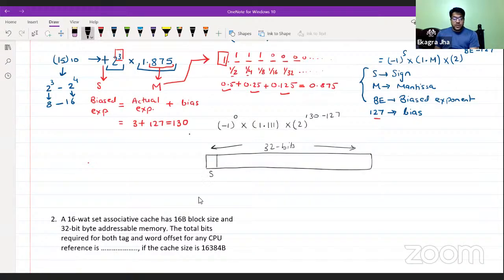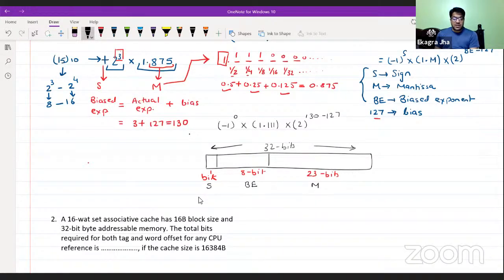One bit is reserved for the sign bit, another 8 bits are reserved for the biased exponent, and the remaining 23 bits are for the mantissa. So this is 1 bit, this is 8 bits, and the remaining 23 bits are for the mantissa.